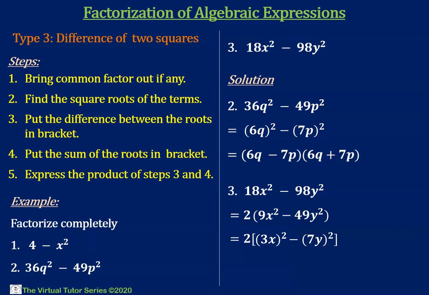We have 2 out again. We put the difference between 3x and 7y in bracket and set it against the sum of 3x and 7y.